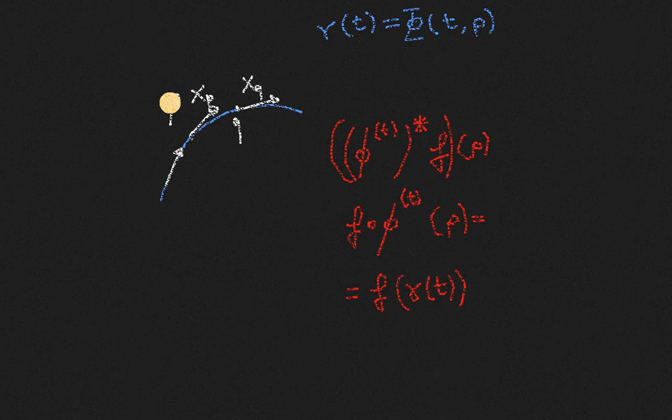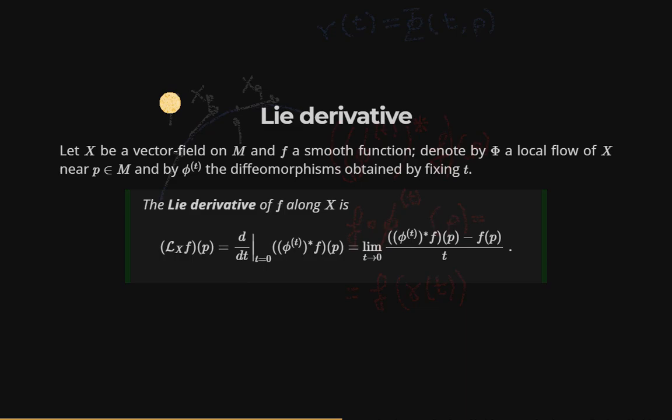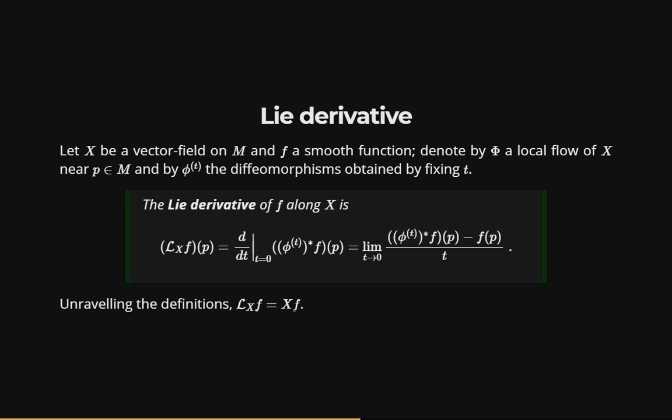And now we take the derivative in time of this. So I think you can understand that given that this pullback is just f of gamma of t, taking the derivative in t and setting it to 0 is again the same thing. So it is X applied to f.